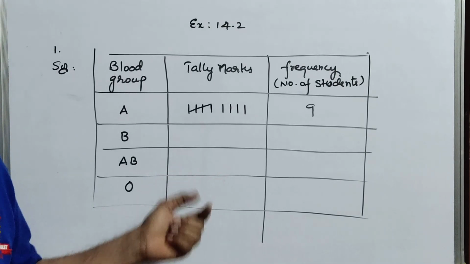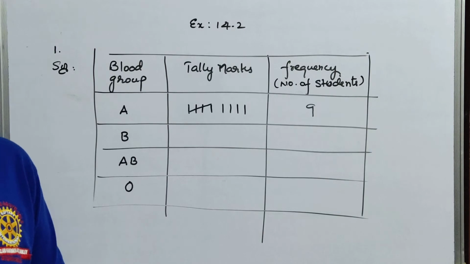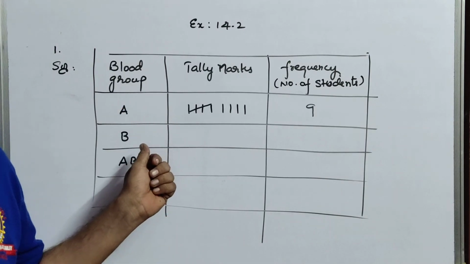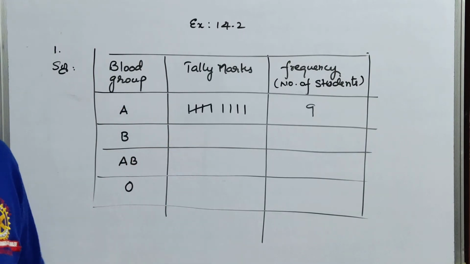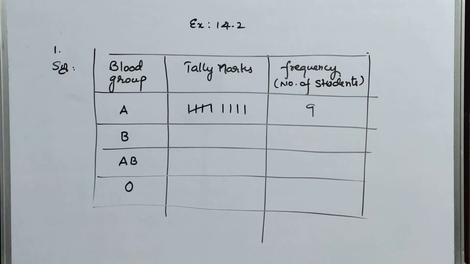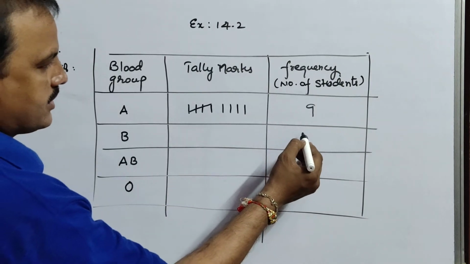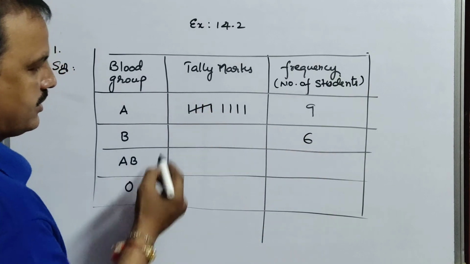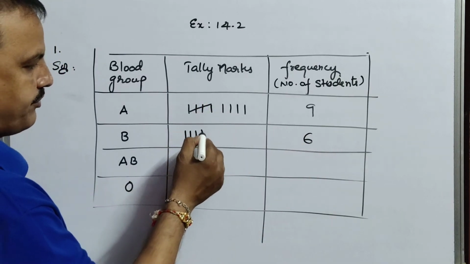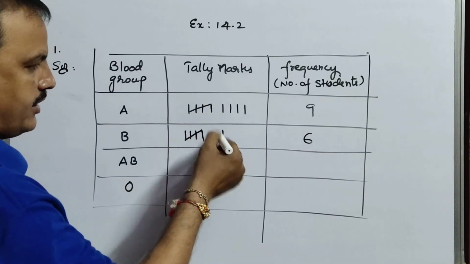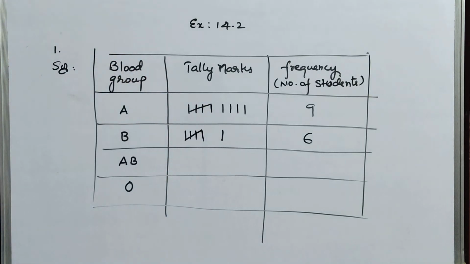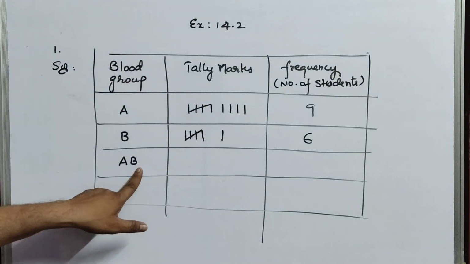Internal marks. Next, B. Just see the B's. How many B's are there? There are 6 B's, children. So write here 6: 1, 2, 3, 4, 5 and 6. Next AB.